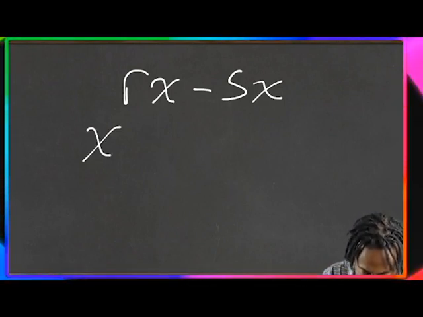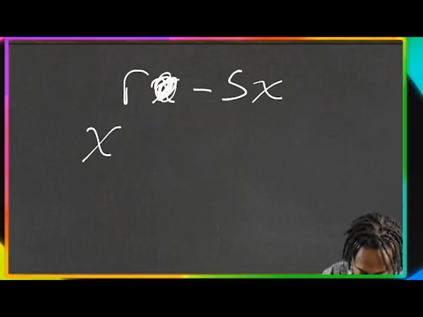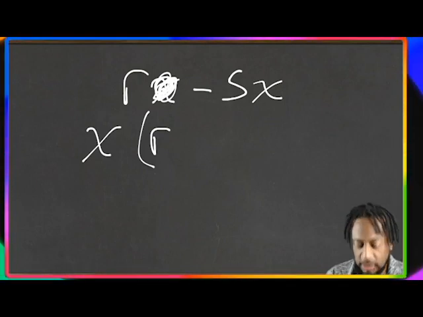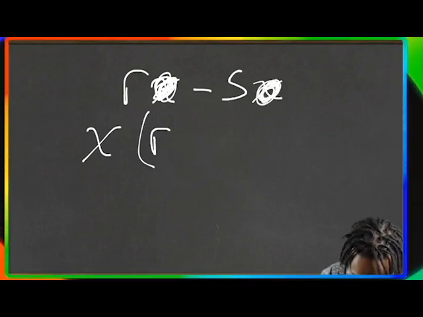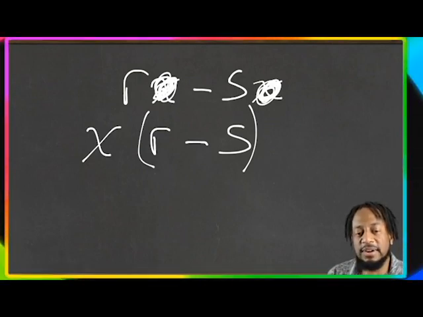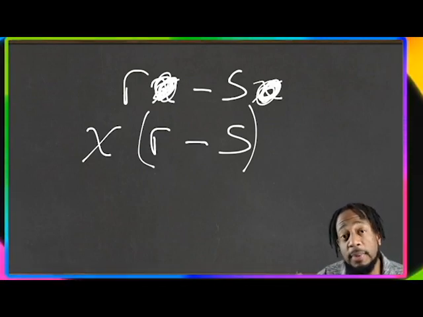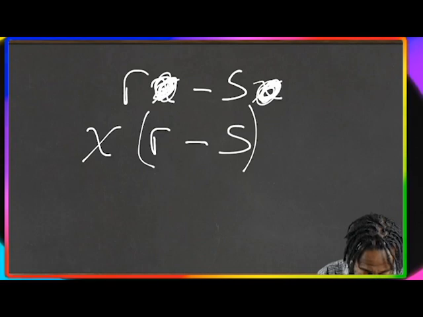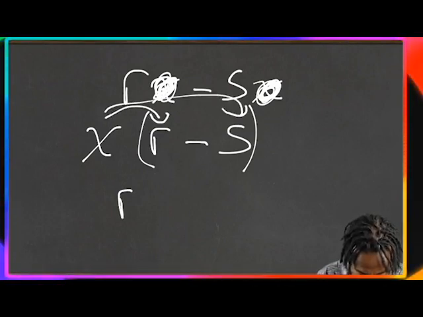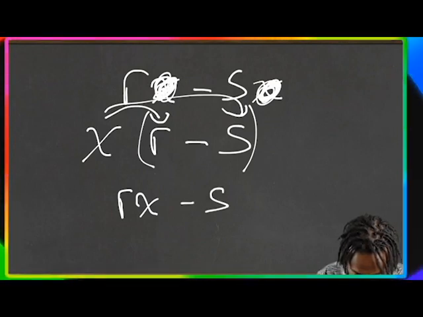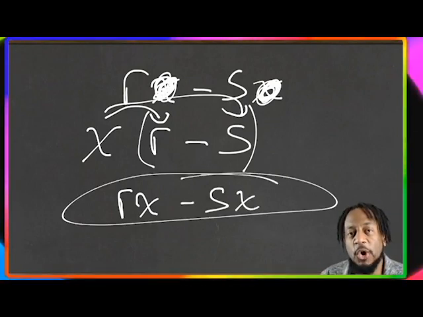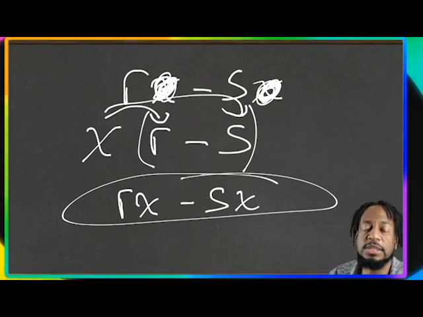So if I take an x out of here, that's going to leave me with R. I take an x out of here, that's going to leave me with minus S. All right? It's just distributive property backwards. So if you put it back, you're still going to get Rx minus Sx. See that? I hope that further explained to you what I just did.